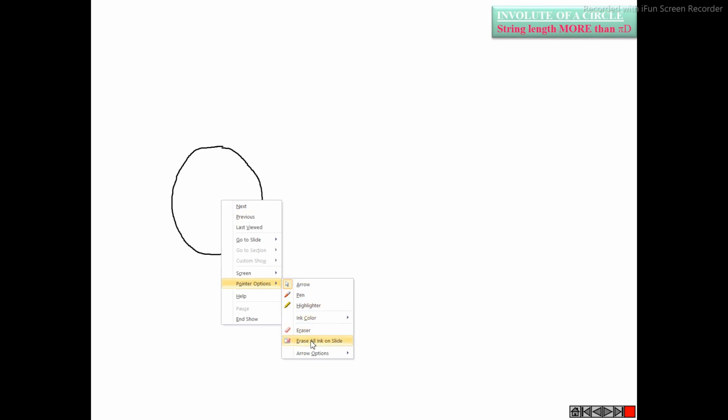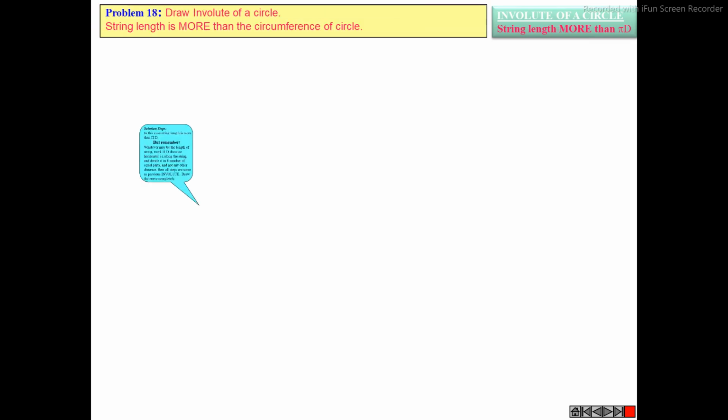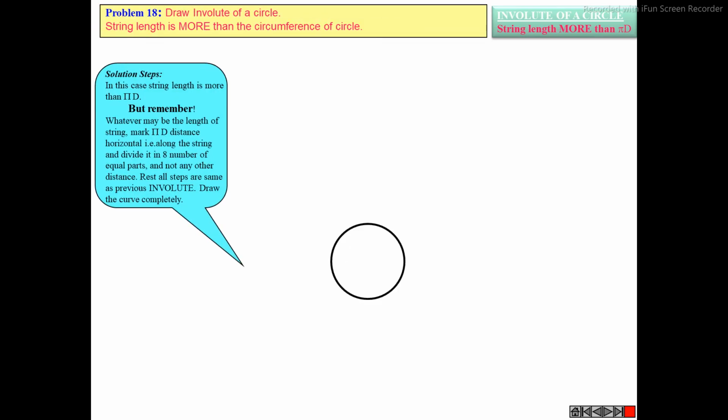Let me show you in the slide. So this is the circle. Then mark the center point of the circle. So this is the center point C. Then draw the radius of the circle, so this is the radius CP.